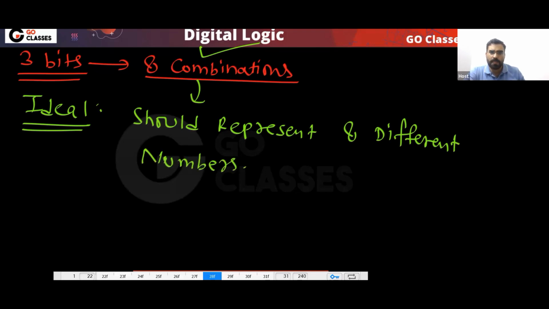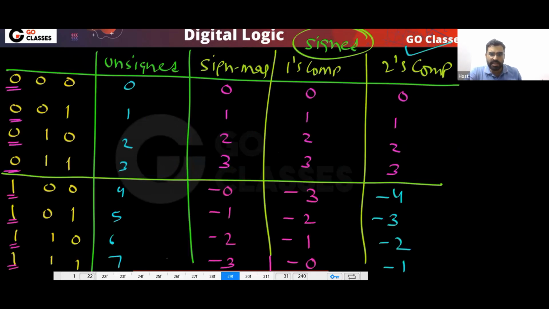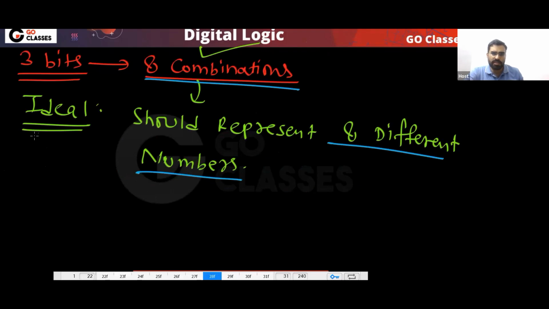But is it happening? Tell me, are the 8 combinations you have representing 8 different numbers? For example, yes, unsigned is representing 8 different numbers. So you can notice this ideal situation is working for unsigned.